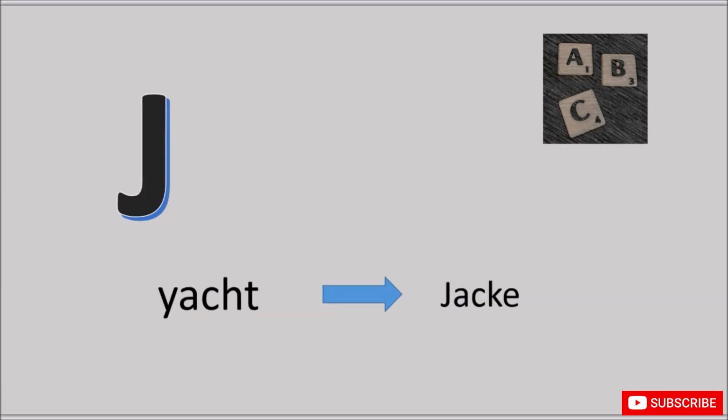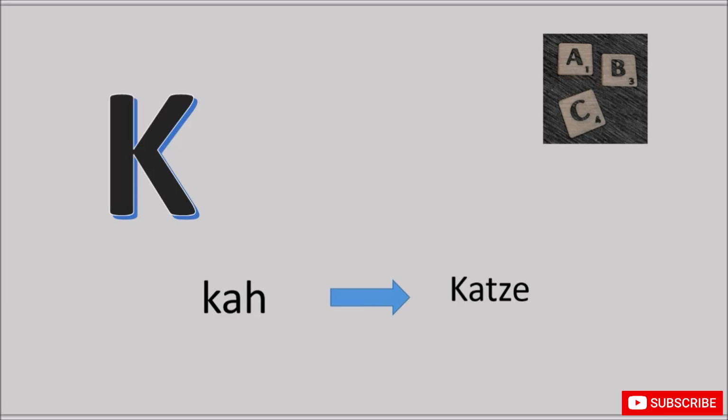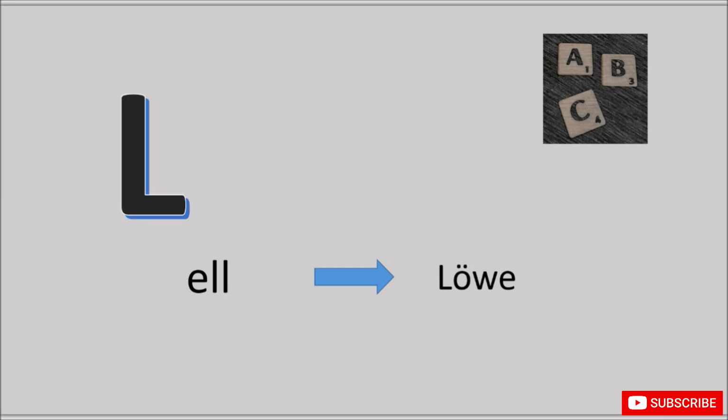J, wie Jacke. K, Katze, begins with K. L, wie Löwe.